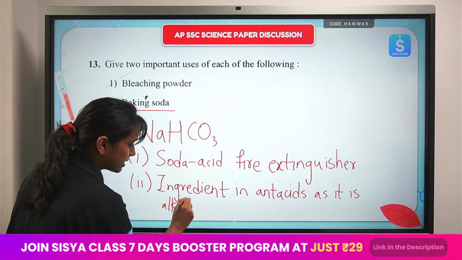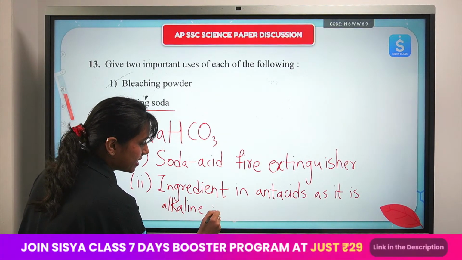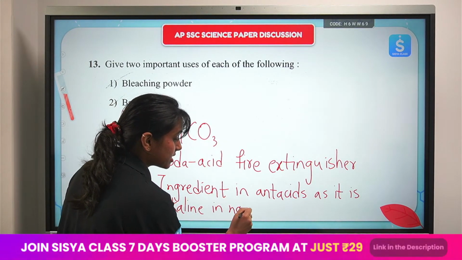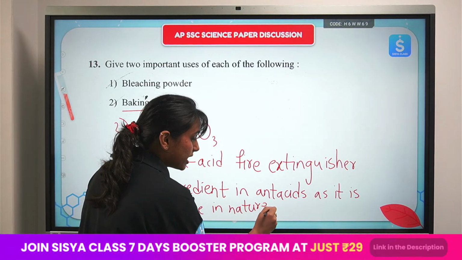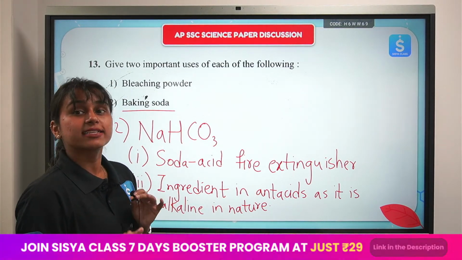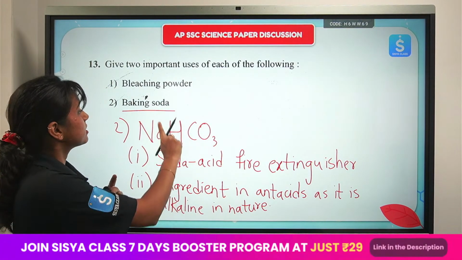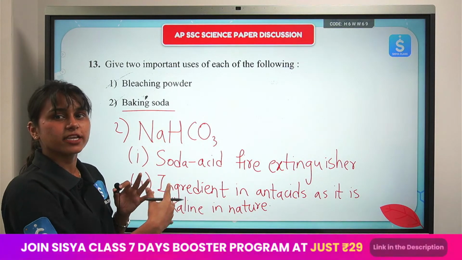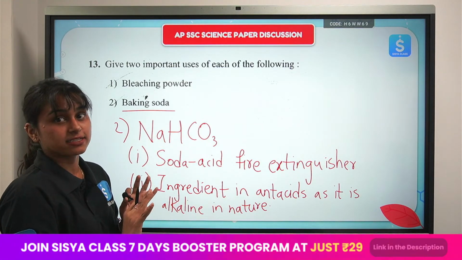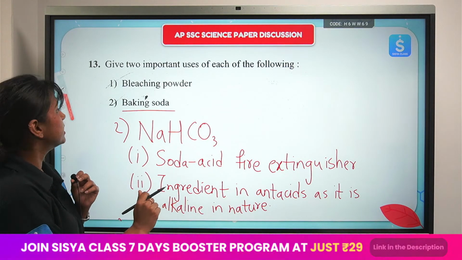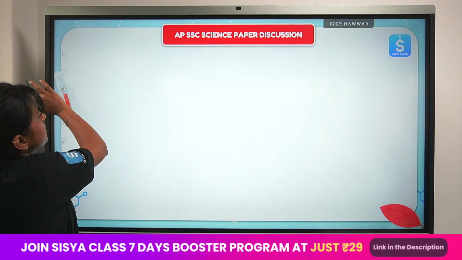What does an antacid do? The antacid neutralizes the excess acid in your stomach. Because baking soda is basic in nature, it can neutralize the excess acid in your stomach. I hope this is clear. Let's move on to the next question.